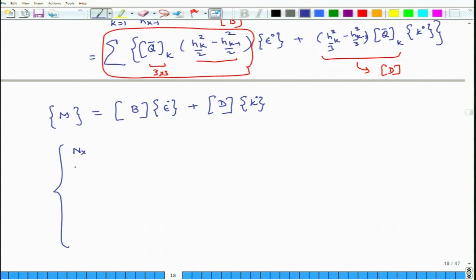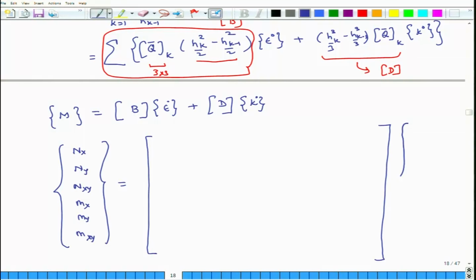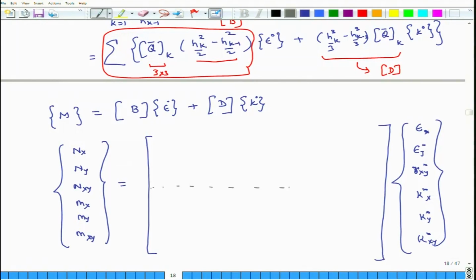So, this is Nx, Ny, Nxy, Mx, My, Mxy. If I have all the 6 relations, 3 force resultants and 3 moment resultants, then they are related to mid plane strains and mid plane curvatures using these relations. And here this is a partitioned matrix.